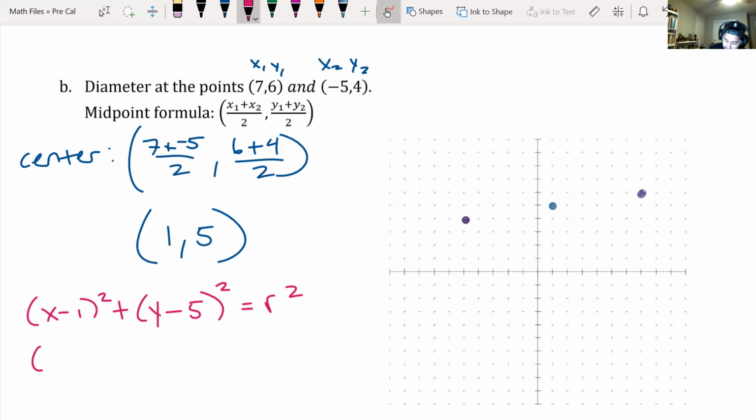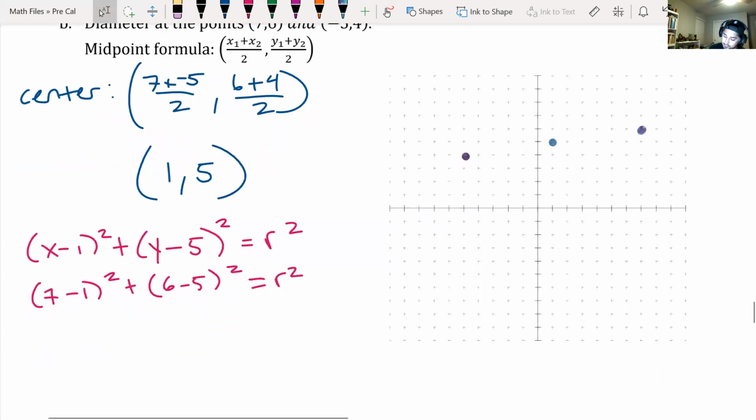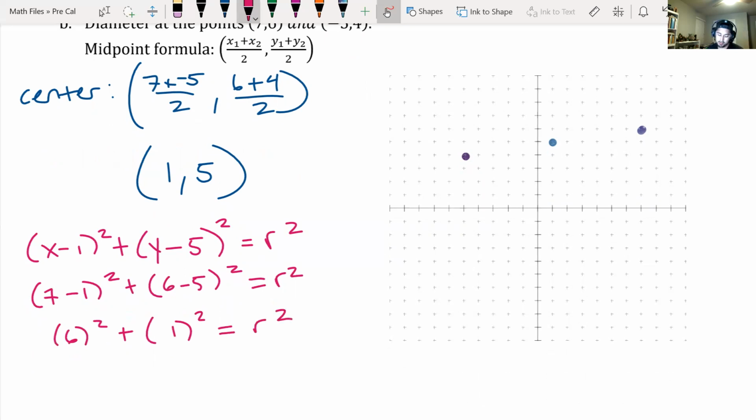We'll have 7 minus 1 squared plus 6 minus 5 squared equals r squared. This gives me 6 squared plus 1 squared equals r squared.